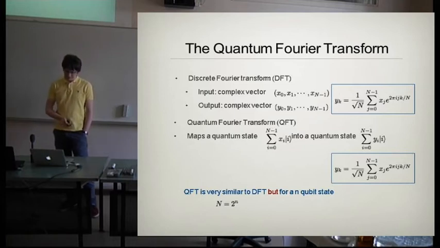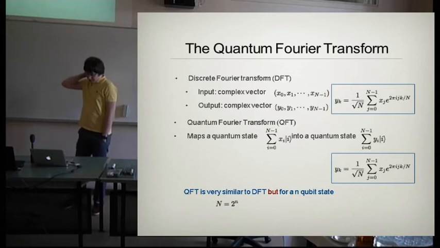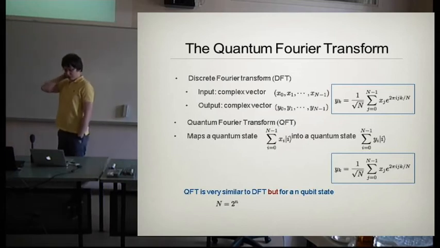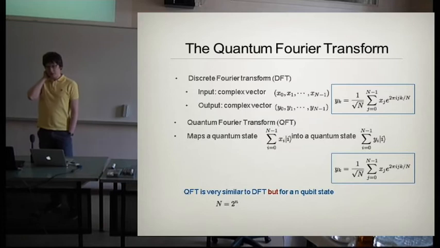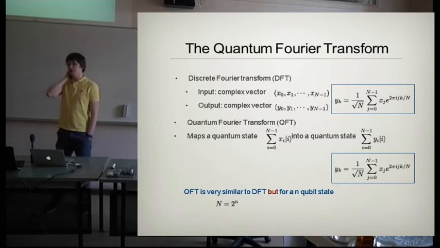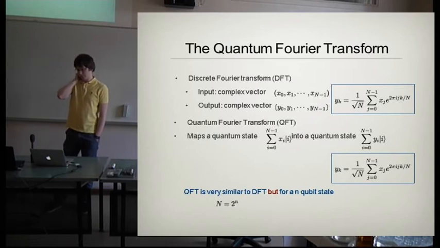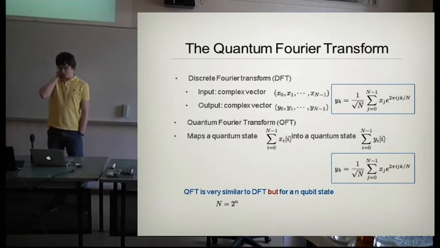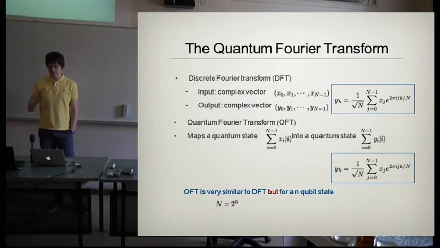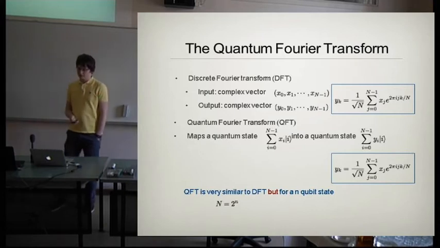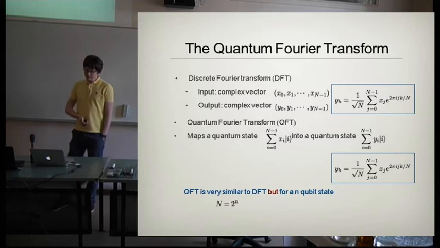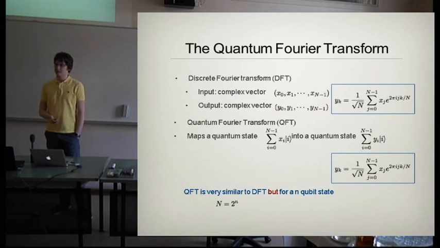And although they are similar, a quantum Fourier transformation on an n-qubit state will act on an exponential number of amplitudes. So it acts on a large vector space. And you can only measure one of these values when you want to access information.